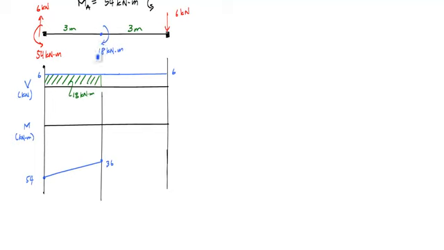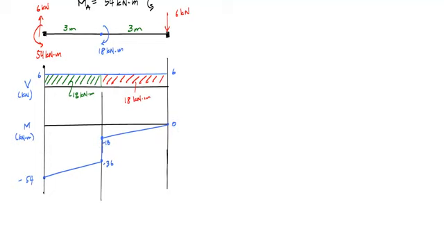And then I have a concentrated moment, which is going to bump me up another 18. I'll put that over here. That'll be negative. Oh, all these are negative. Okay, that's what my moment diagram looks like. And I end at 0 because this area right here is also 18 kilonewton meters, and so that means I'm going to go from negative 18 to 0. And there's my shear and moment diagrams.